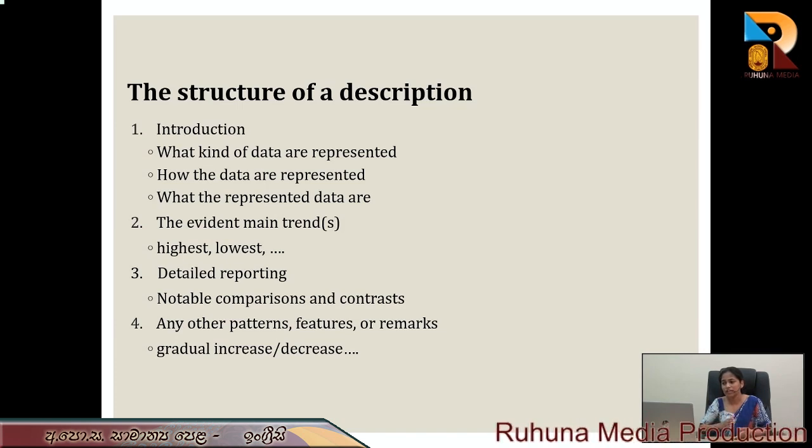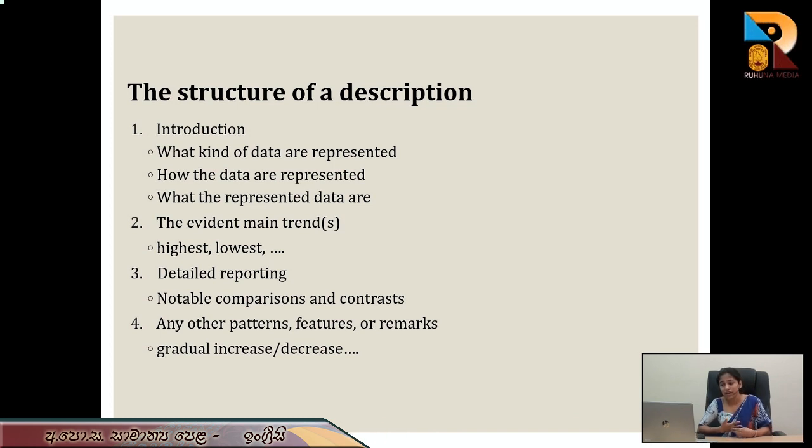You have to start with an introduction. Now this applies to whatever the kind of writing, whether it's an essay, whether you're reporting data out of a bar graph, pie chart, or a table, or when you're just writing a paragraph, whatever the kind of writing that you're doing, you have to have an introduction. Now in the introduction section, these are the things that you should include.